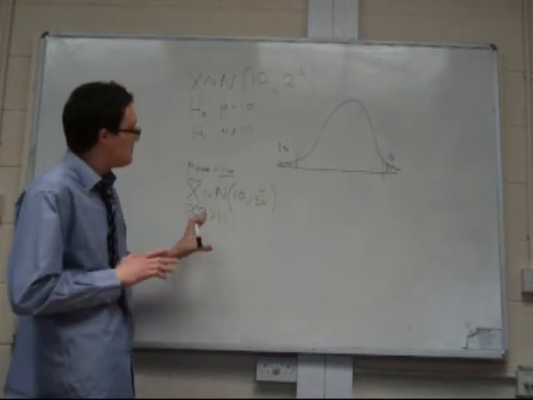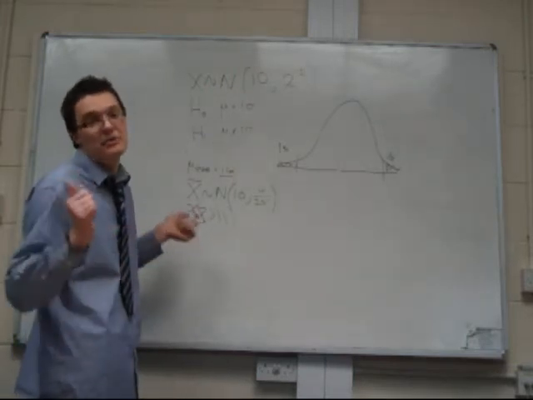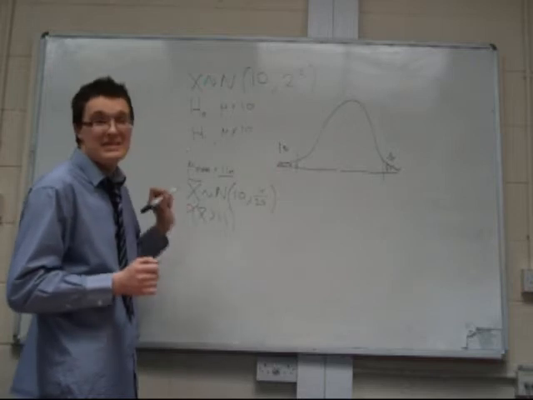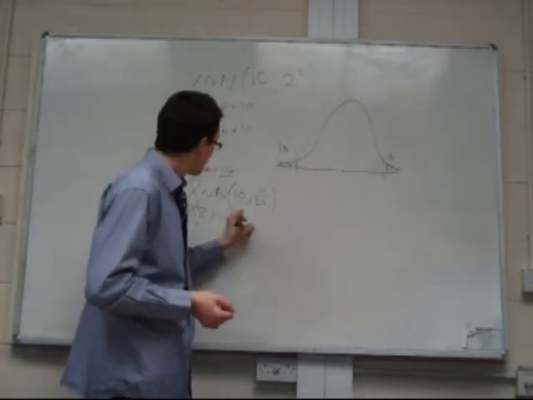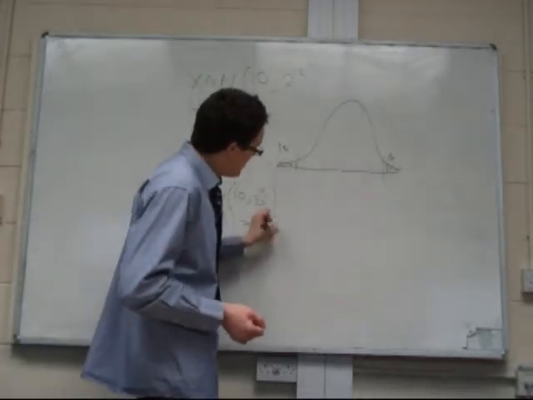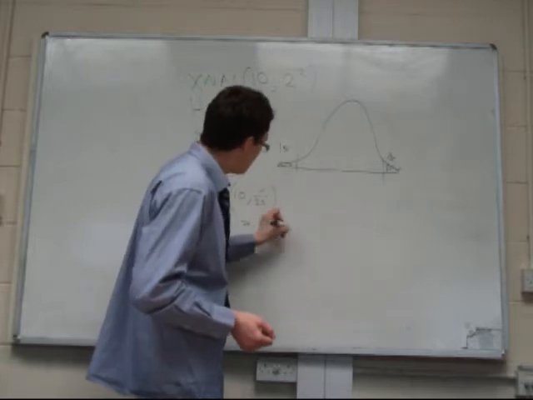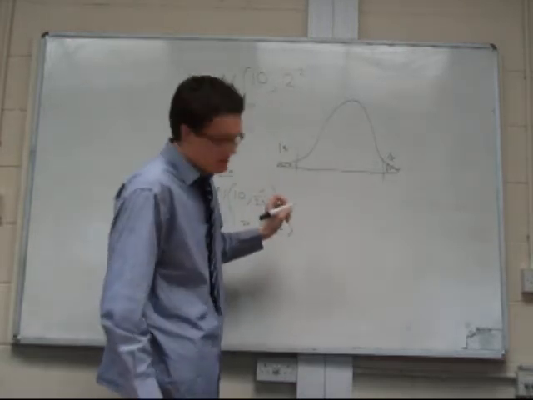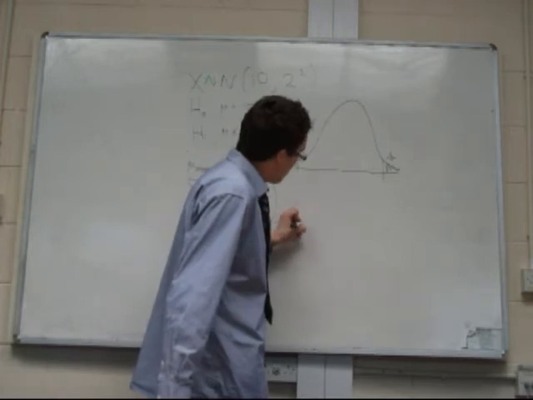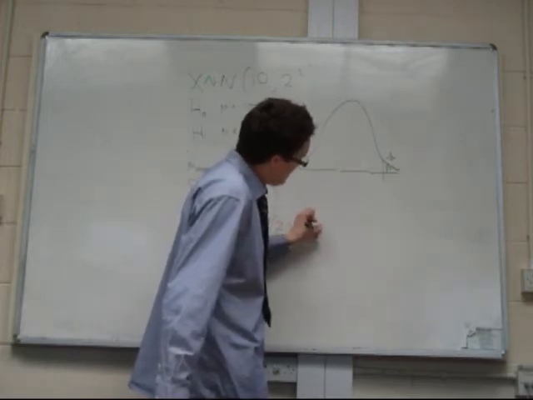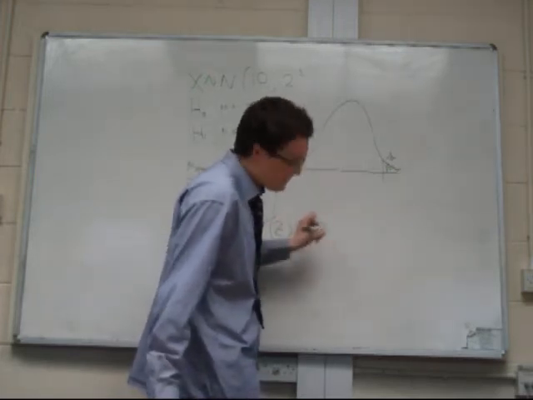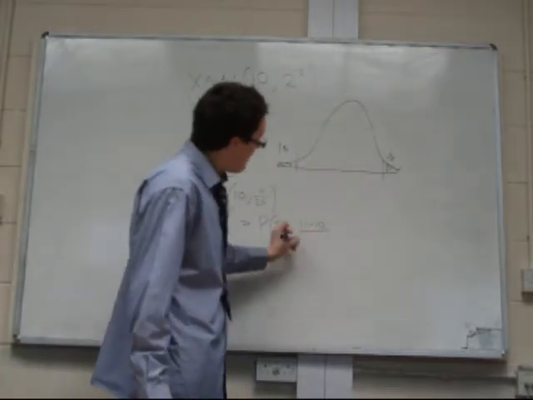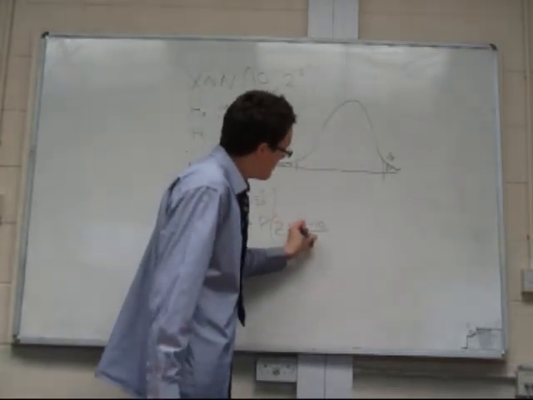First thing, with any normal distribution problem, you've got to remember to standardize. So we change this to the probability that Z is greater than, we take my value here, 11, and take away the mean, which we think is about 10, and put it over the standard deviation.